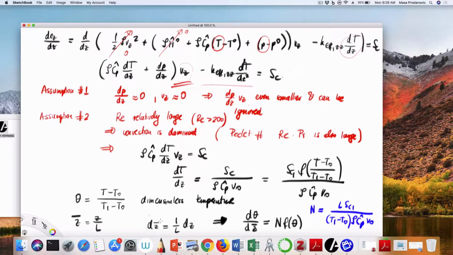And I need boundary conditions, okay? The simplest boundary conditions would be given at z bar, or normalized length, is 0 and normalized length is 1.